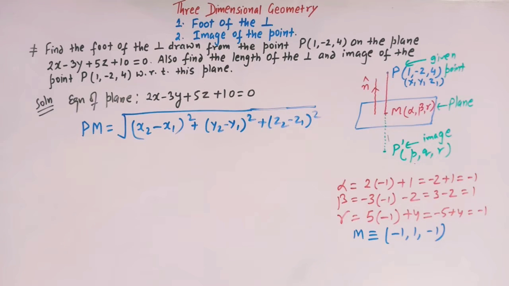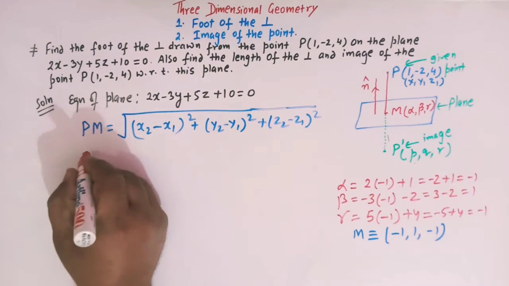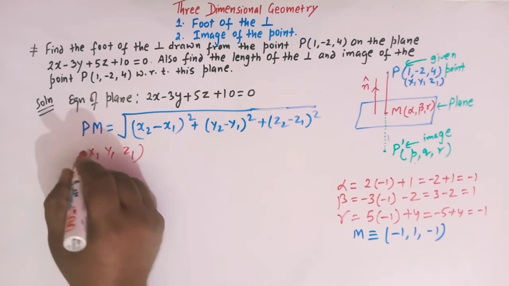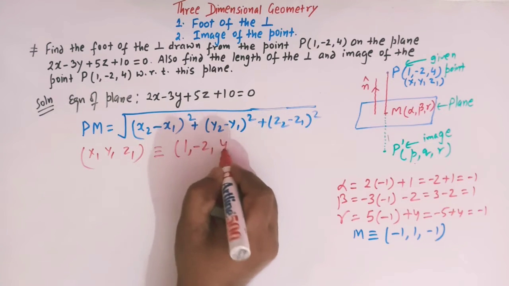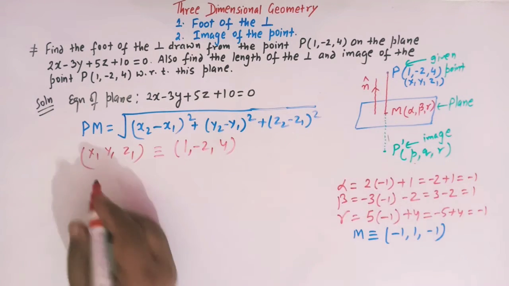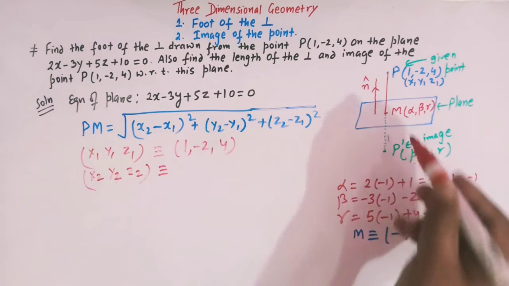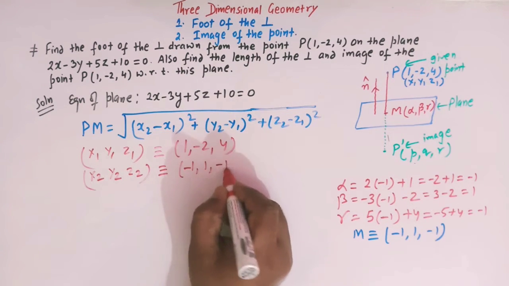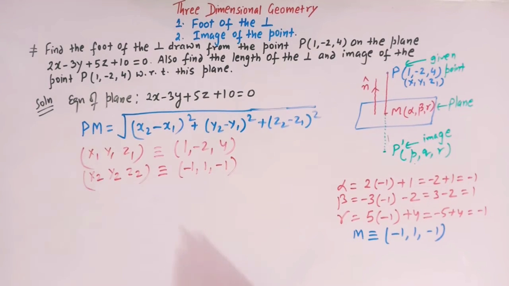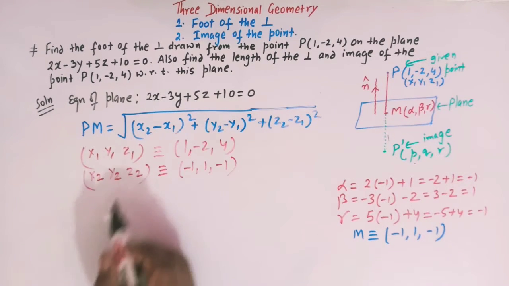So now we can take the values of x1 y1 z1 as this point P, which is 1, minus 2, 4, and x2 y2 z2 can be taken as this point M, which is minus 1, 1 and minus 1, right? So now substituting x1 y1 z1 and x2 y2 z2 in this formula, that is the distance formula.